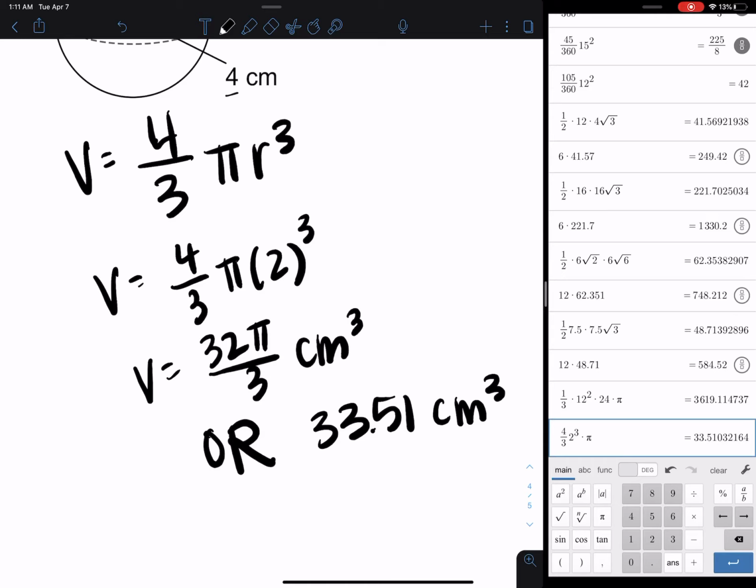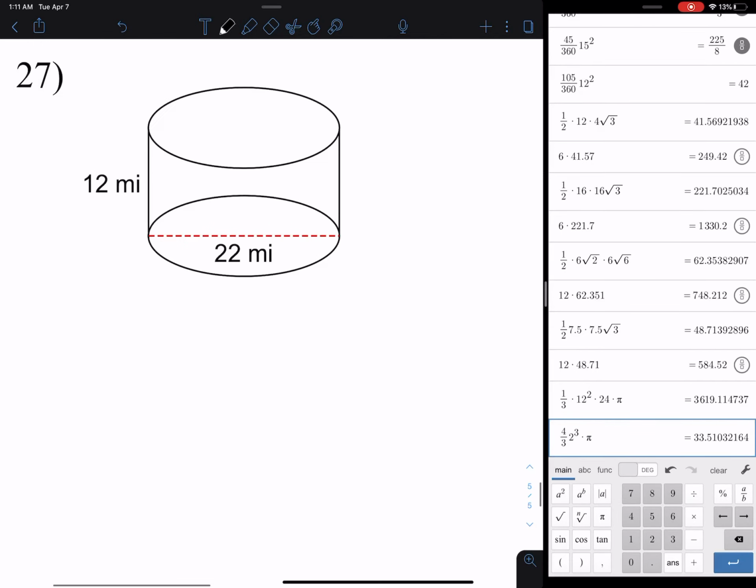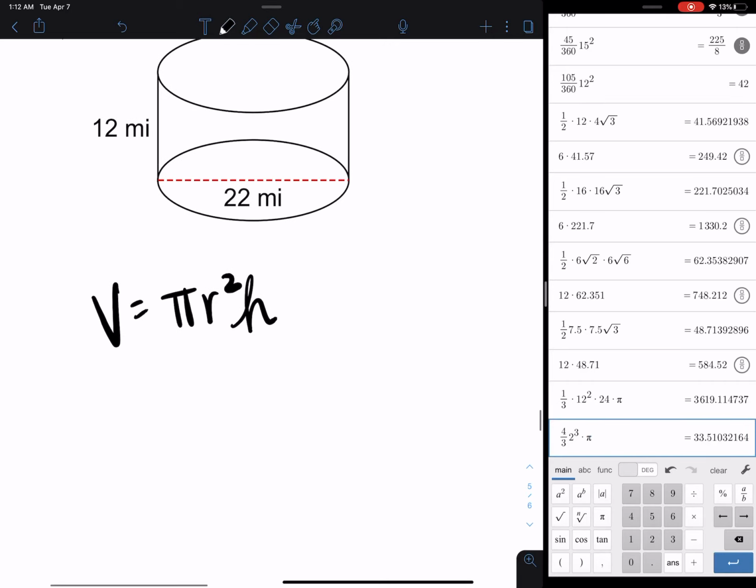Okay, the next one is a cylinder. So the sides go straight up, so it's just pi r squared, which is the base, and then we multiply it by the height. So now we can just plug in those values. So we have V equals pi times 11 squared times 12.